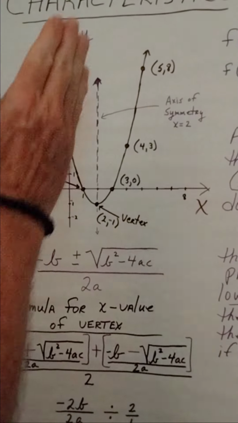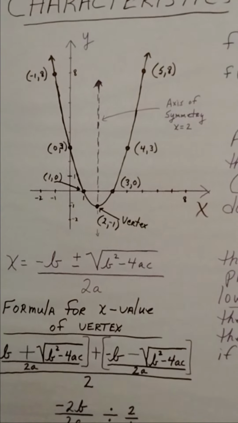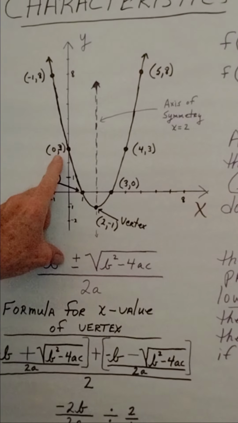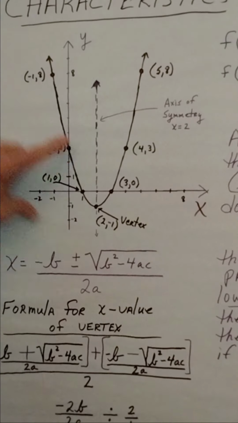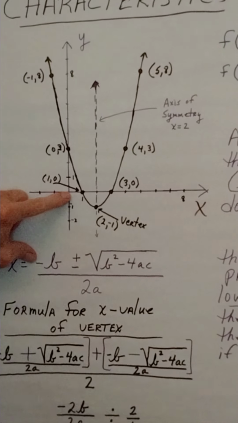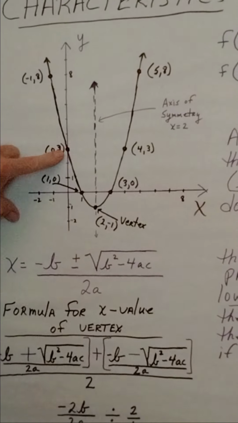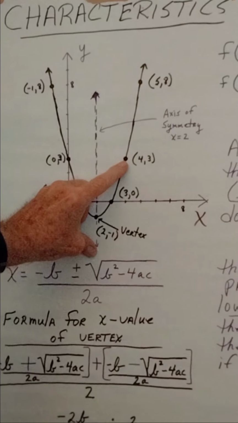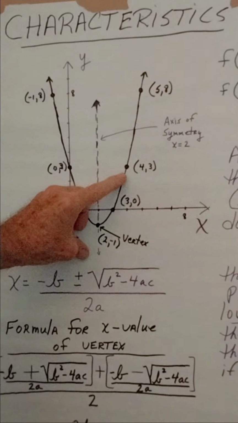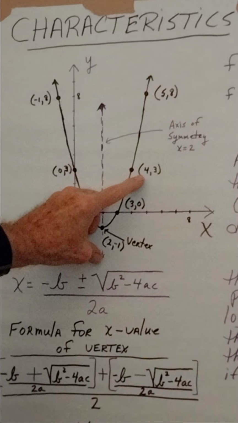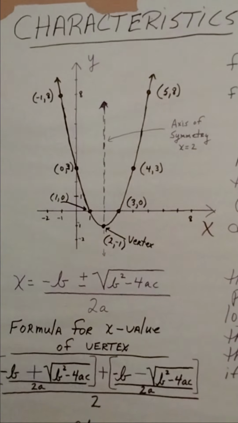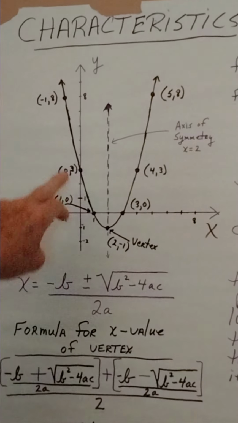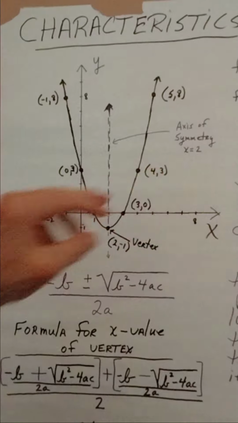Let's go up the parabola to the next pair of mirrored points. This point is 0, 3. X is 0, 1, 2, 3, y is 3. Its mirrored friend over on the other wing of the parabola is identified by the ordered pair 4, 3. Would you take a gander at the y values of those two mirrored points? He's 3 and he's 3.